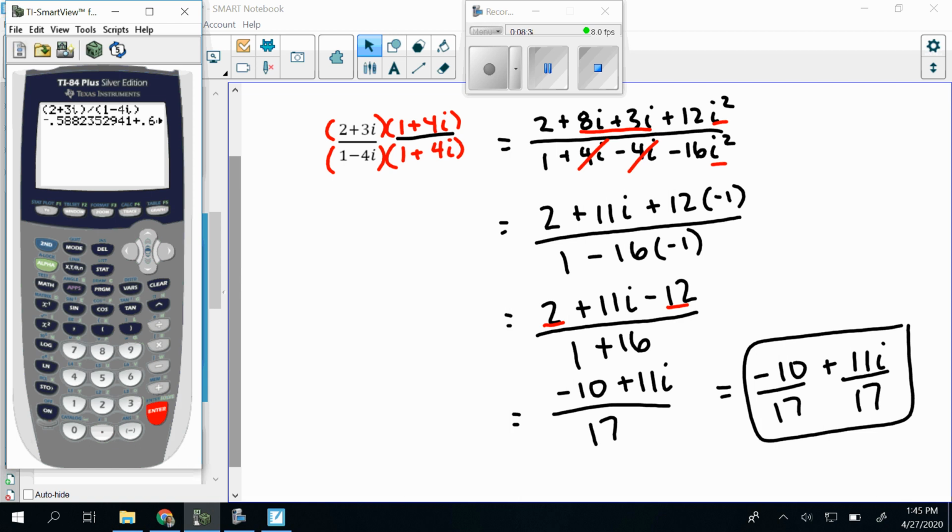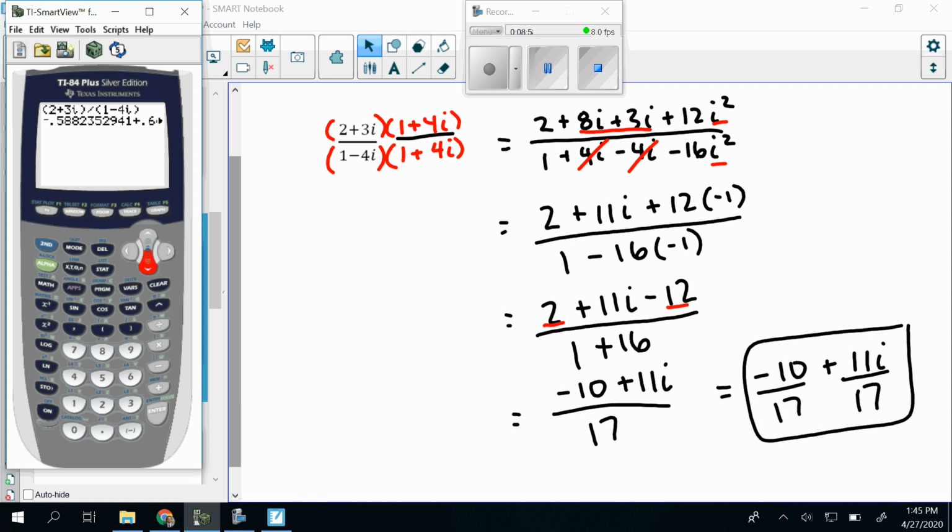Now notice this is a decimal number plus, and on yours you should be able to scroll over and see that imaginary part.